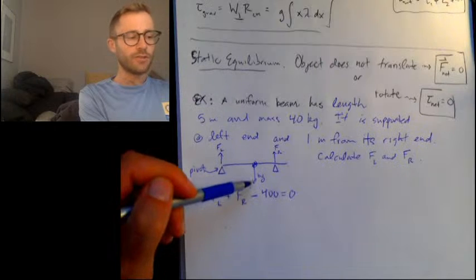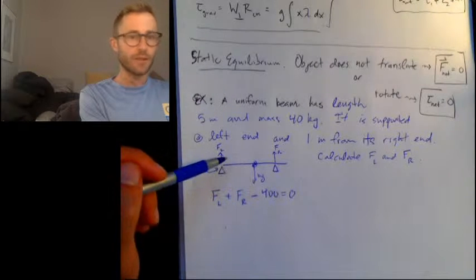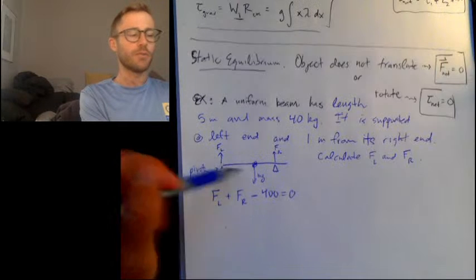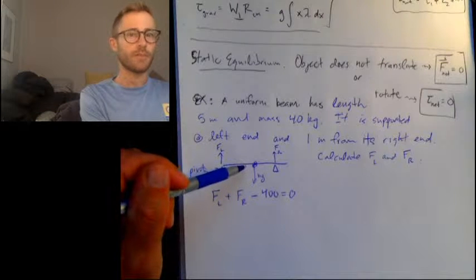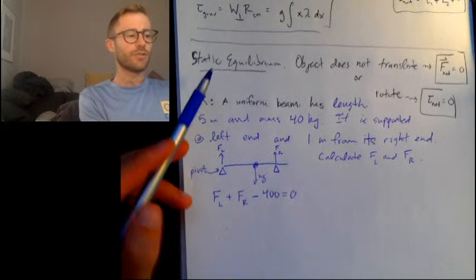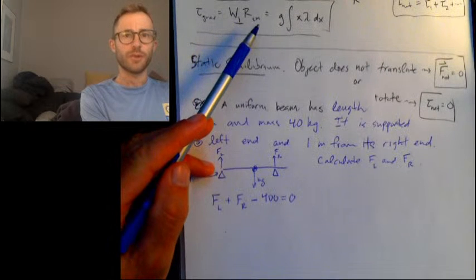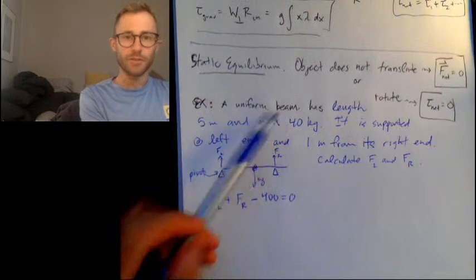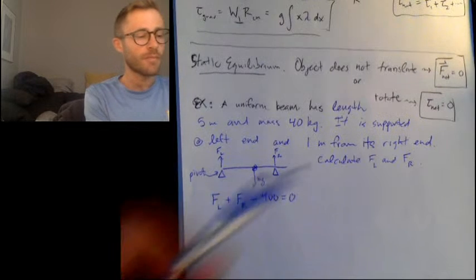The gravitational torque acts from the center of mass, which is going to be 2.5 meters away from the left end, because the gravitational torque acts as if it were concentrated at the center of mass. It's a uniform beam, so the center of mass is in the middle.